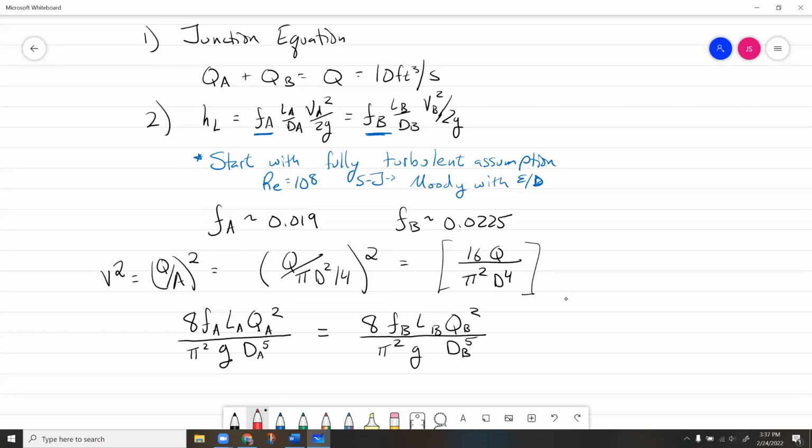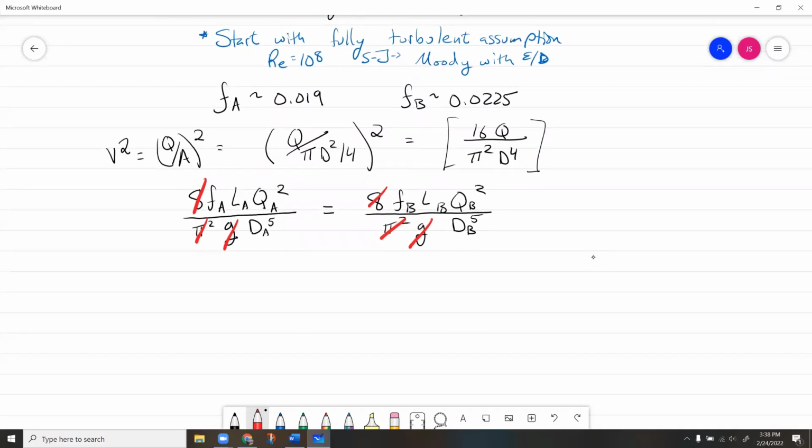All right, we get to cross a lot of stuff out, makes life easy. All those constants are crossed out. Before we get down to the junction equation, we'll plug numbers in here and factor everything out.